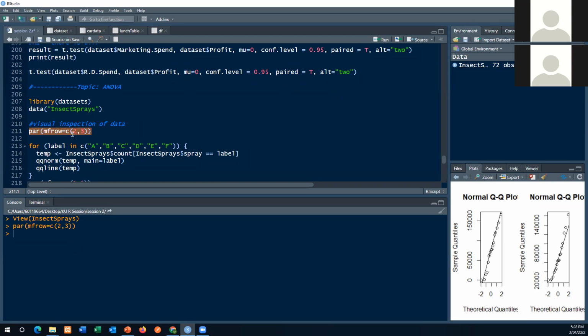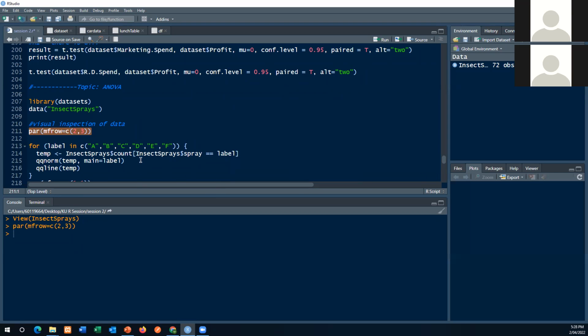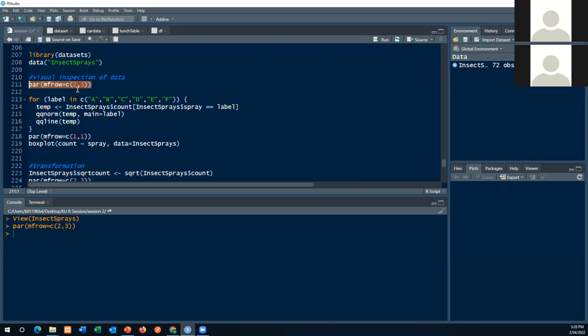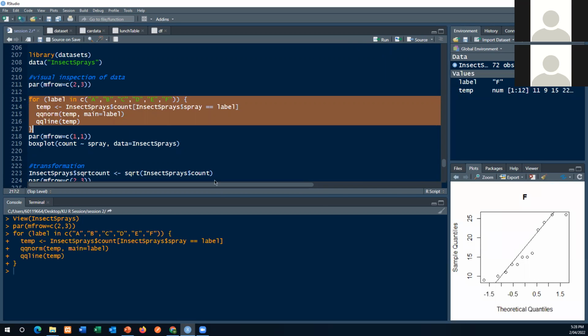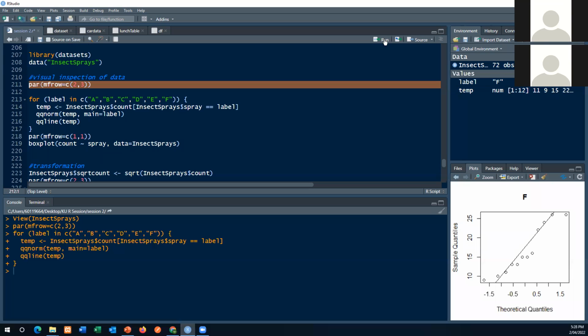We put a 2x3 layout so you can see all the graphs in one place. Remove these graphs, and now using a for loop, since we know there are A, B, C, D, E, F, for each of them we get the data and put the QQ plot. Oh, because I have not run that.